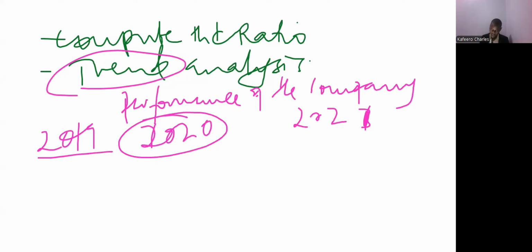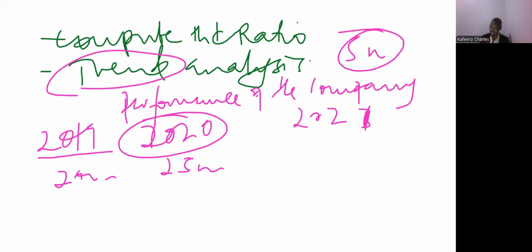If one year we had 20 million and the next we have 25, it means there has been an increase of 5 million. That's what we call a trend analysis. There has been some improvement. If it was 15 and now it is 10, then there was a decrease in the performance of the company.